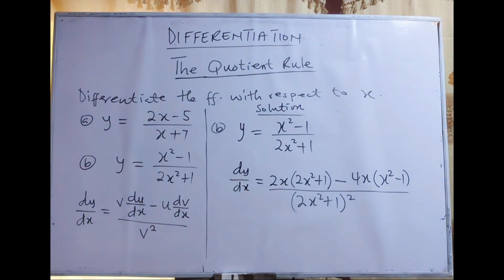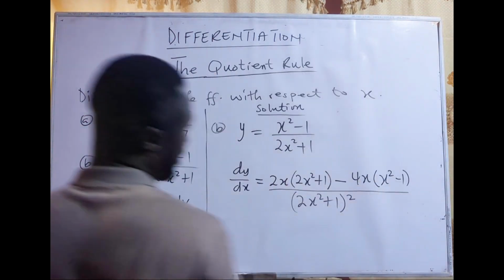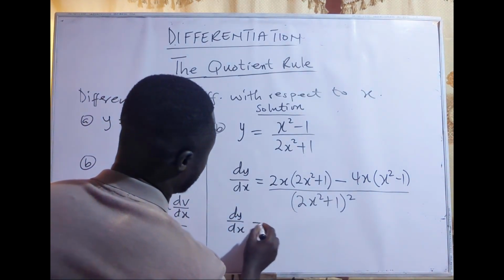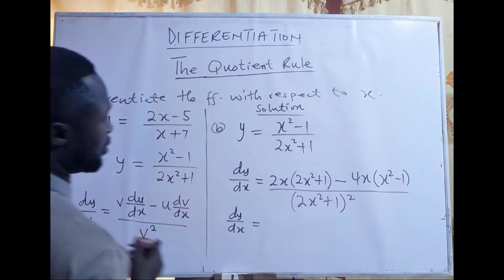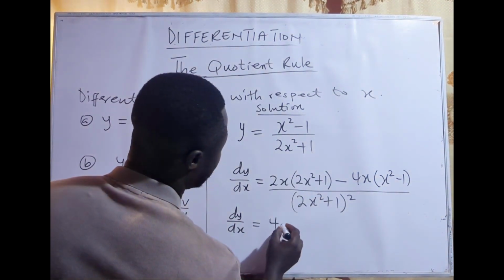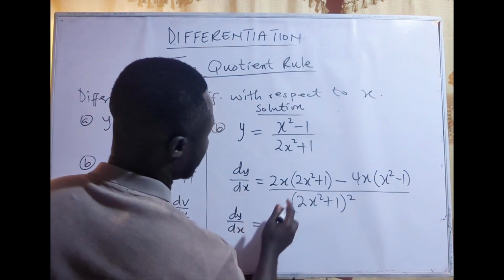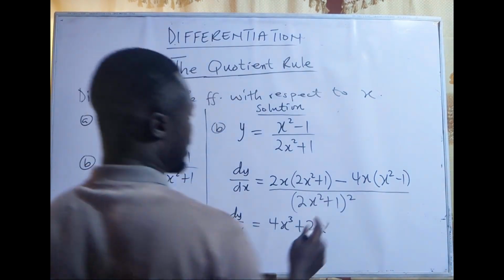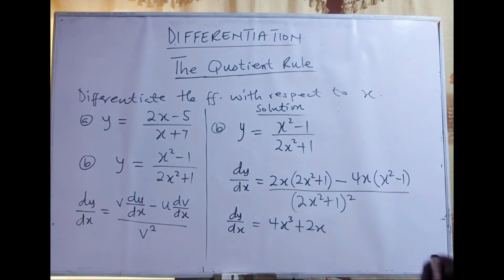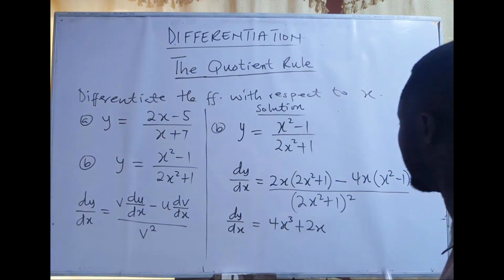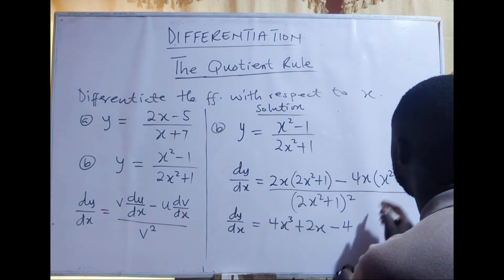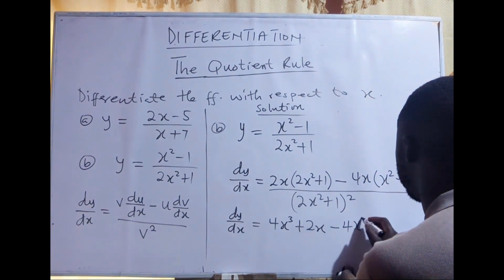So our dy on dx is going to be 2x times 2x squared will give us 4x cubed. And then 2x times 1 will give us 2x. And then minus 4x times x squared will give us minus 4x cubed.